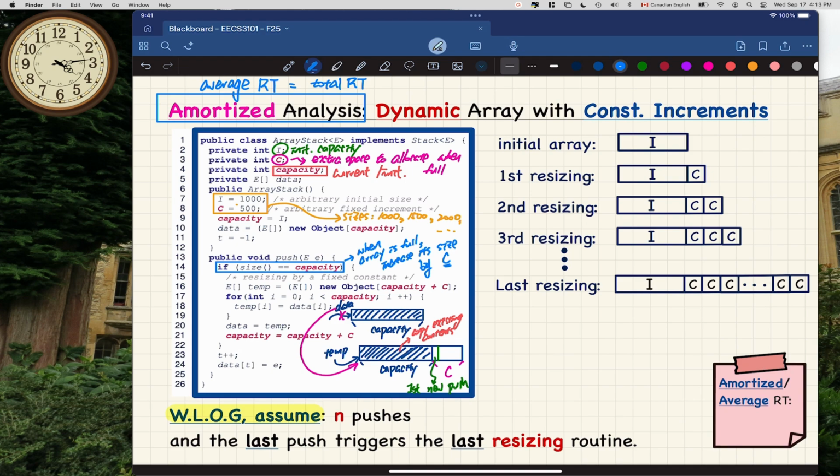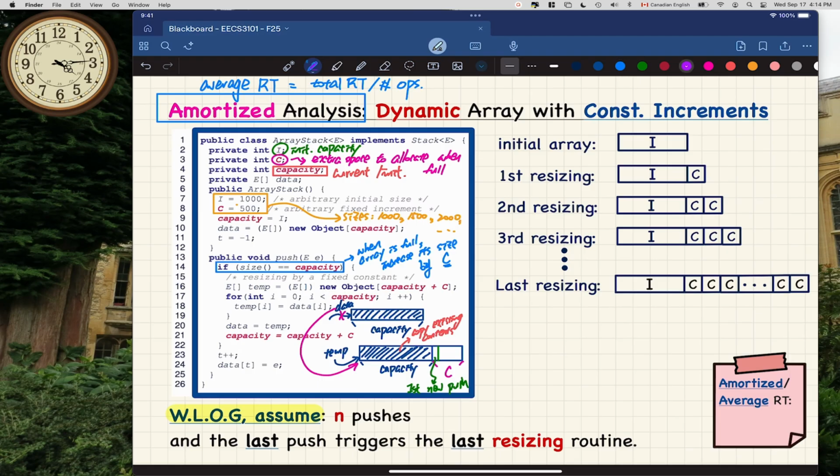The total running time, and then divided by the number of operations. Remember, last time I asked you guys to consider we got n pushes in general, right? So let's say we somehow add up the running time for individual n pushes. We got some number. Whatever that number is, divide that by n. So that will be the average running time.